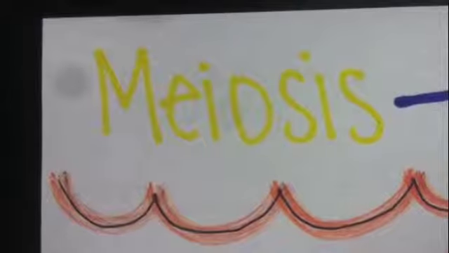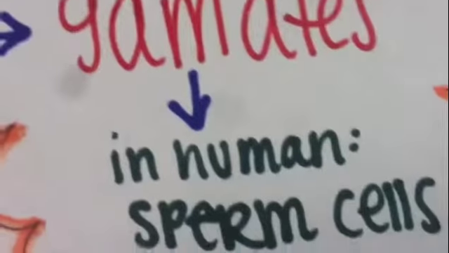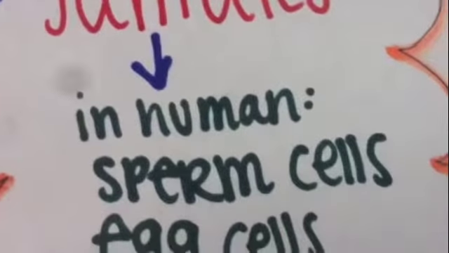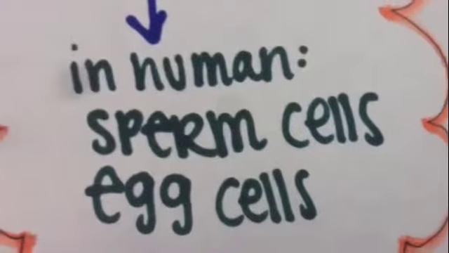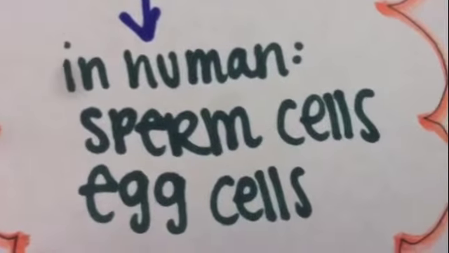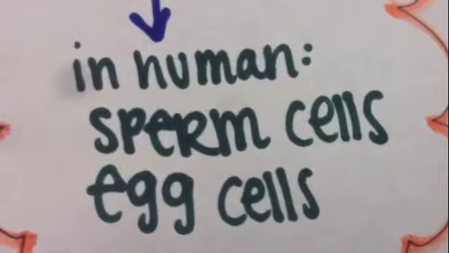So this is the process of meiosis 1. It produces gametes. In humans, these are called sperm and egg cells.